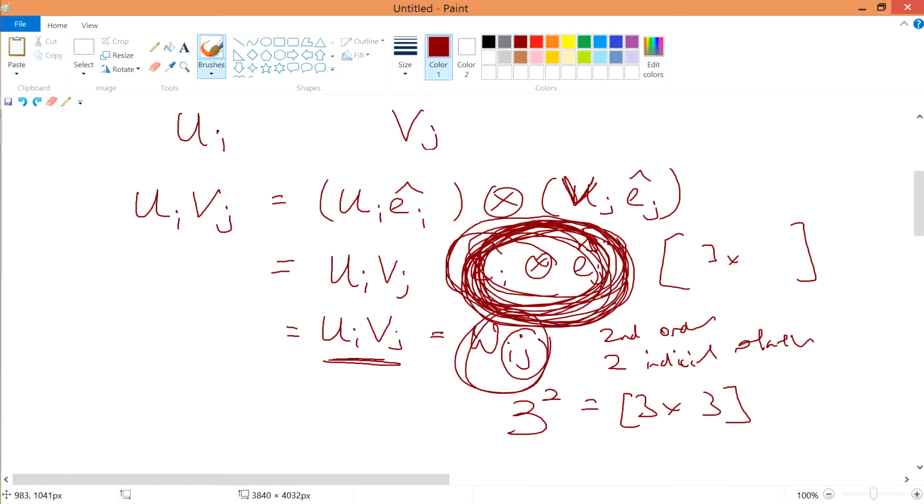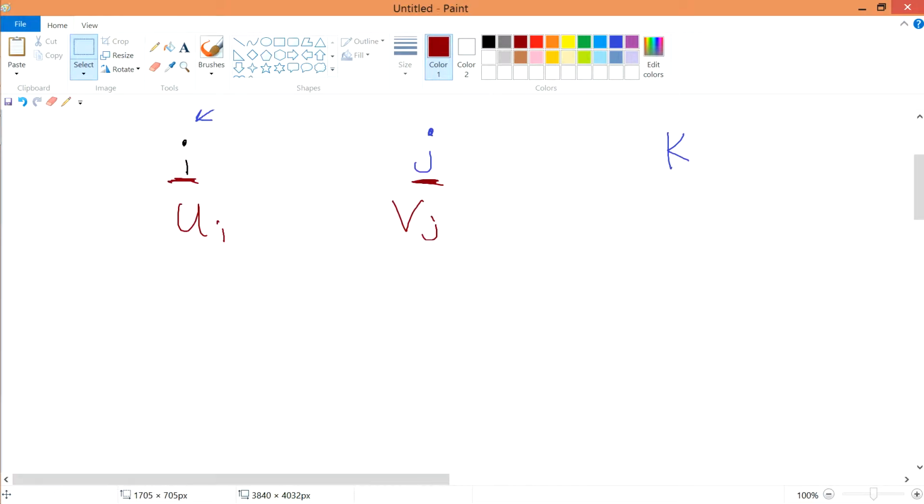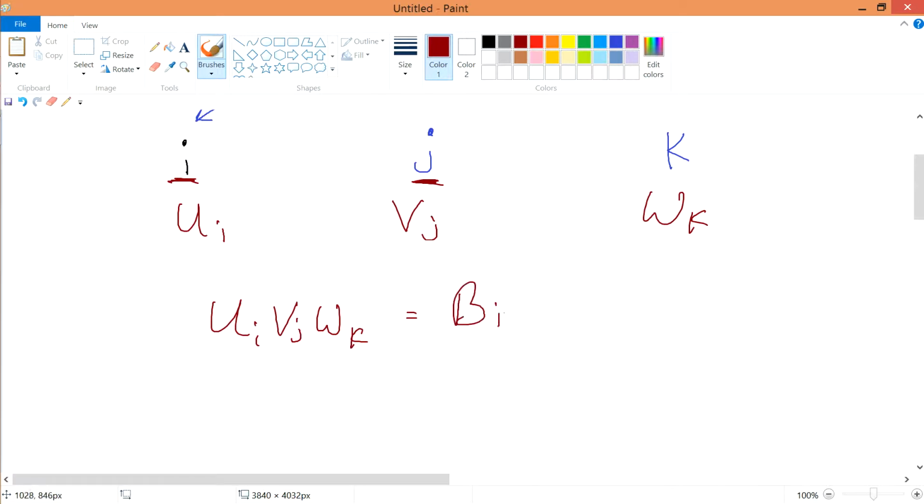Maybe I should represent that w as a, so it's aij, so as not to confuse things. But let's continue back to this wk. If I want to interact with this, I can use the dyadic method. I have ui vj wk, and can rearrange it as bijk. So I have 3 index notations right now.